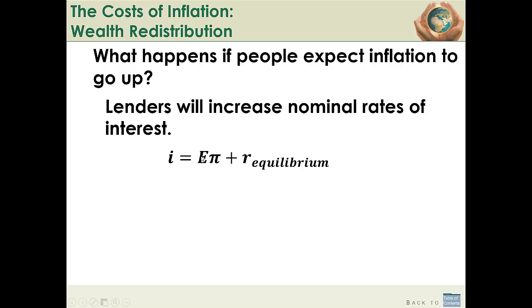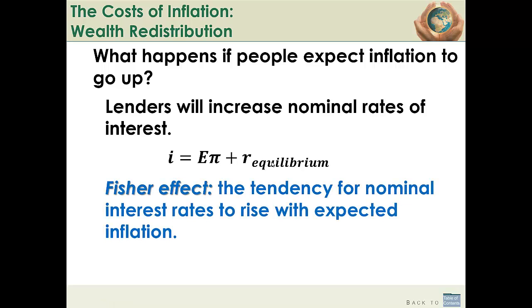Hence, if the bank expects, let's say, 2% inflation over the course of a loan, then they will charge a nominal interest rate equal to the expected inflation rate plus the real return that is being set in the loanable funds market. So set a nominal interest rate of 5%. This is what's known as the Fisher effect. That is, this tendency for nominal interest rates to rise with expected inflation.